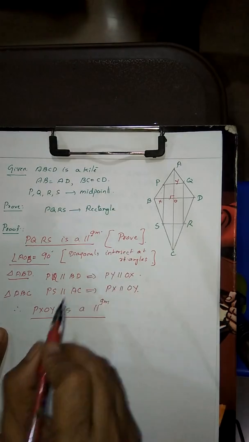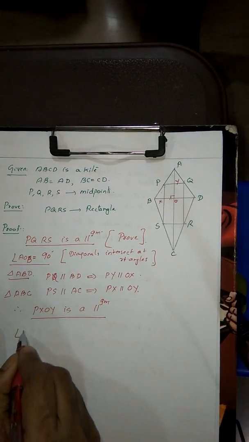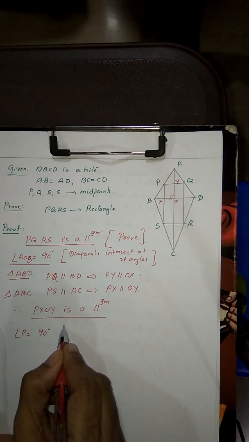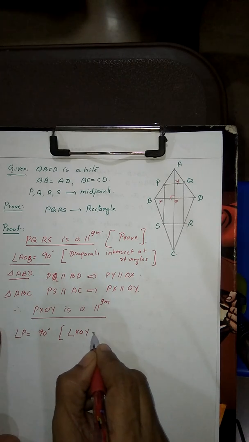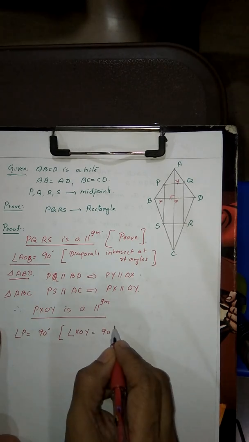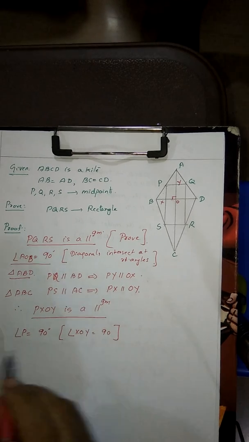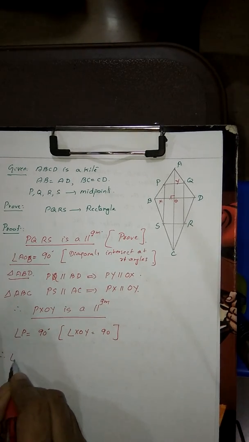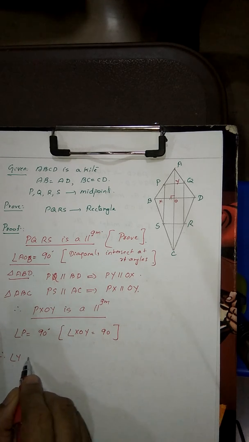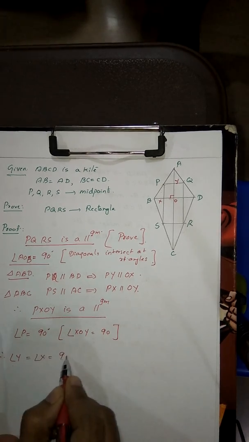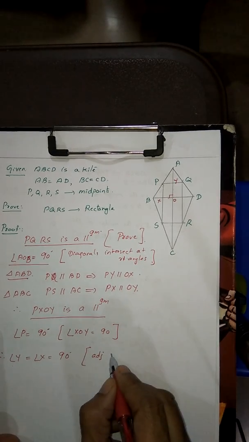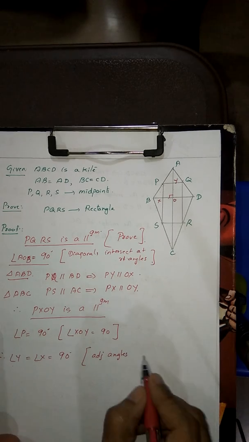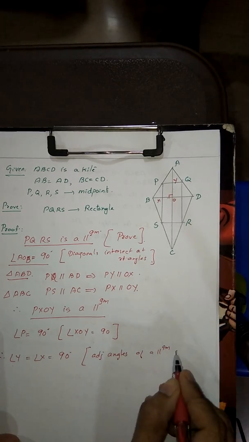Now we can say, since angle XOY is equal to 90 degrees, or angle AOB is equal to 90 degrees, therefore angle P is equal to 90 degrees. The reason is adjacent angles of a parallelogram are supplementary.